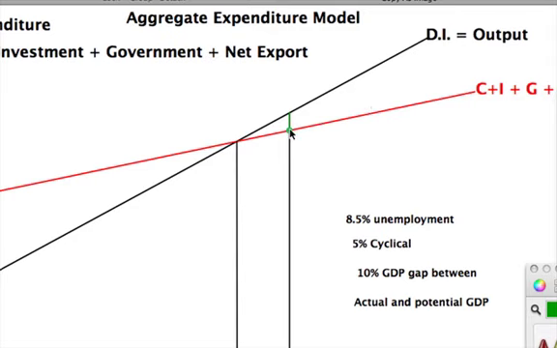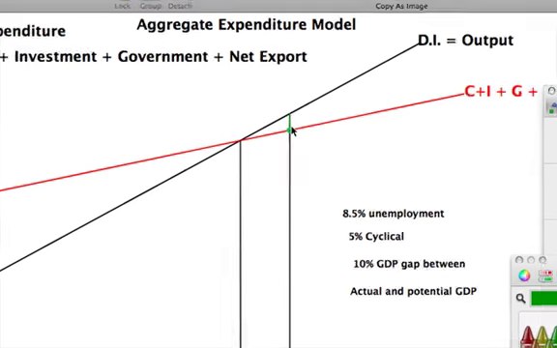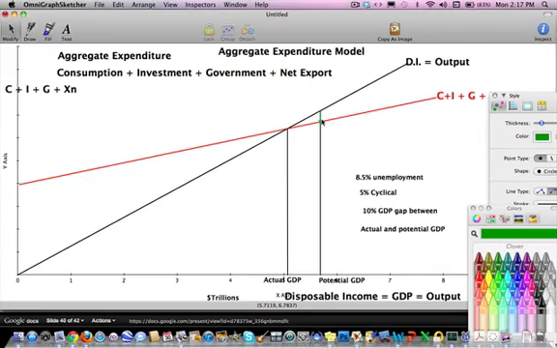Basically what this green distance indicates is how deficient aggregate expenditure is at this point and how much it needs to go up by in order for us to achieve our potential GDP level.